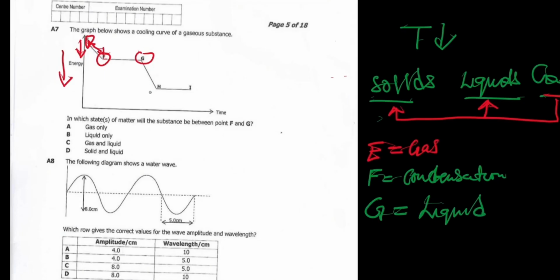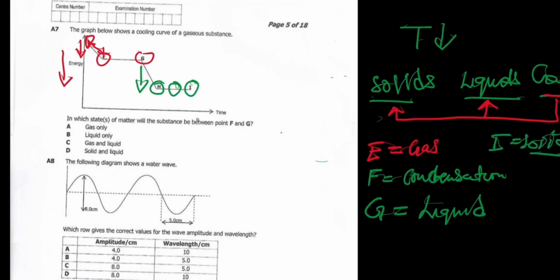And then the process continues again. You reduce temperature significantly between G and H. And at H, again, you see that the liquid is now going through the process of freezing. That's why the temperature again remains constant. And when we reach point I, it is actually solid.